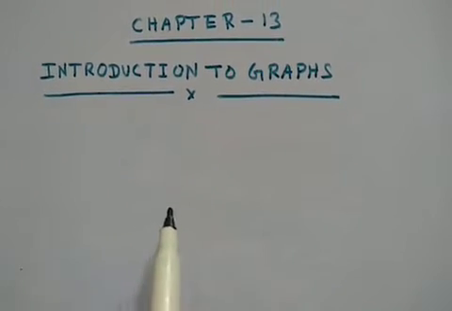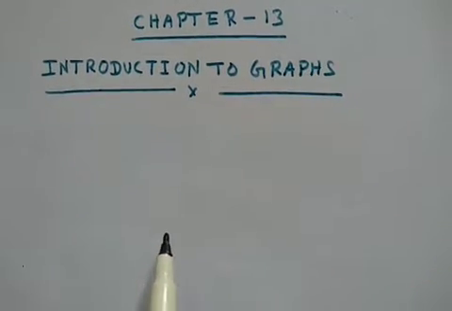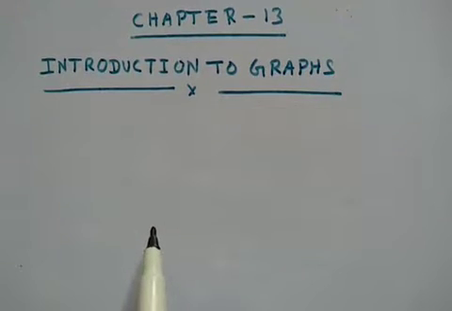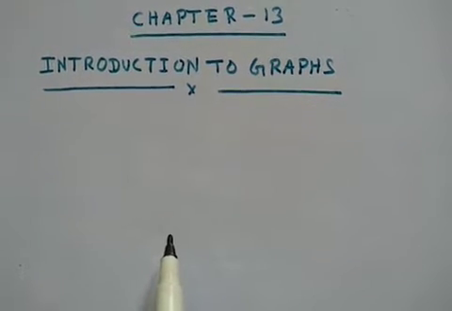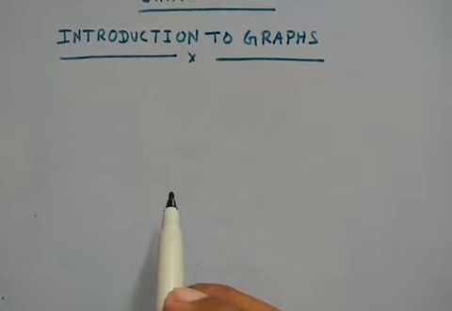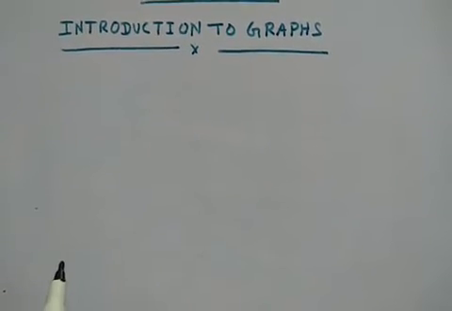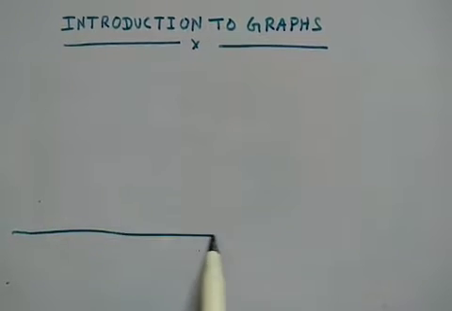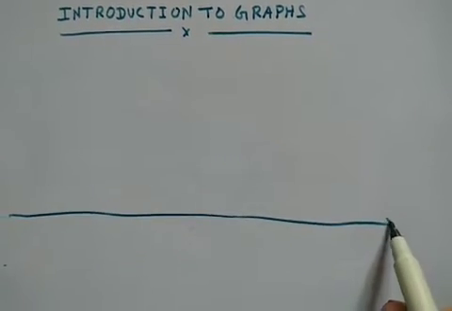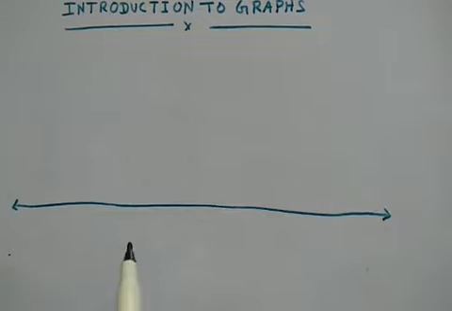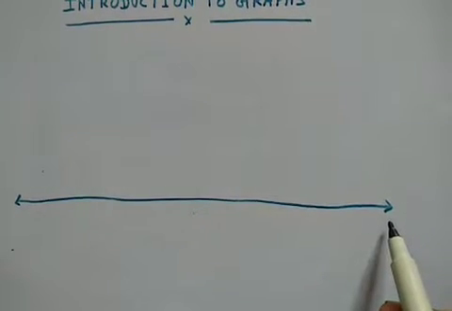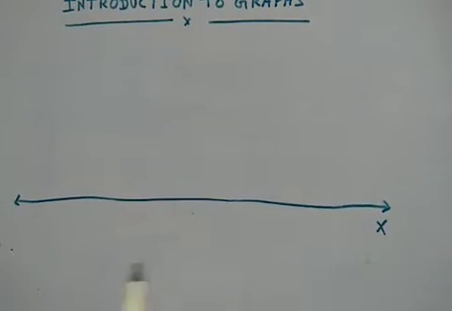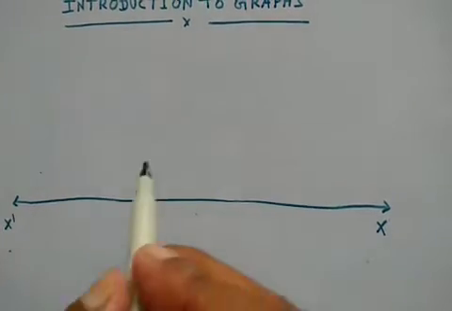This is my plane, so we convert it into a Cartesian plane. At first we draw a horizontal line like this. This is called the x-axis and denoted by x dash.